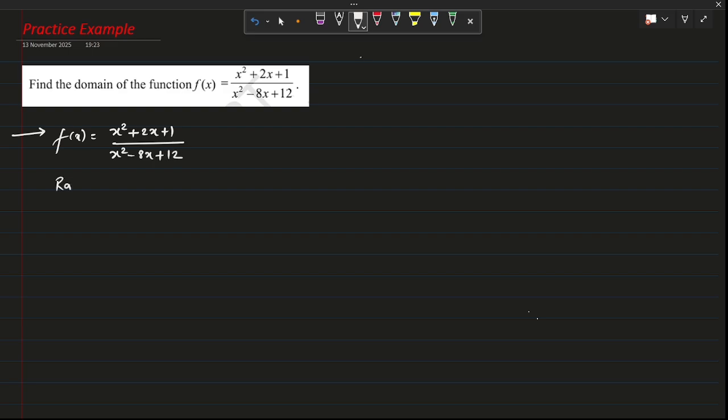So the rational function, this is the ratio of two polynomials or quadratic equations.